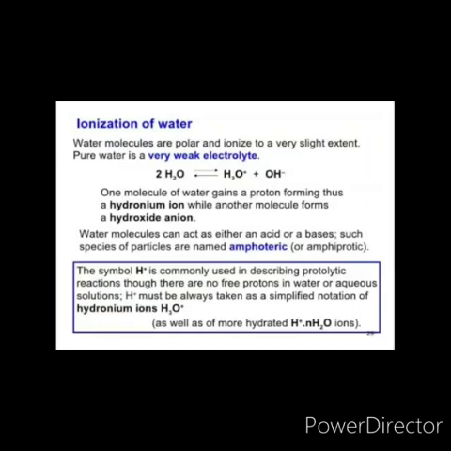Second, H2O plus HCl at equilibrium gives H3O+ and Cl- ion. In the above two reactions, H2O acts as an acid towards NH3 and as a base towards HCl. Therefore, this nature of water is known as amphoteric nature.